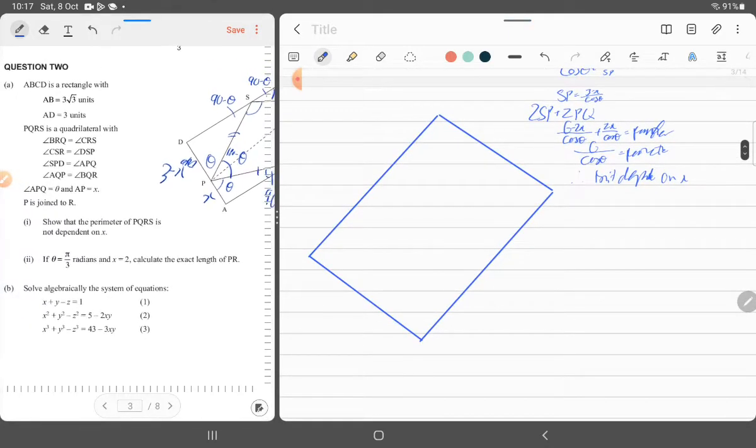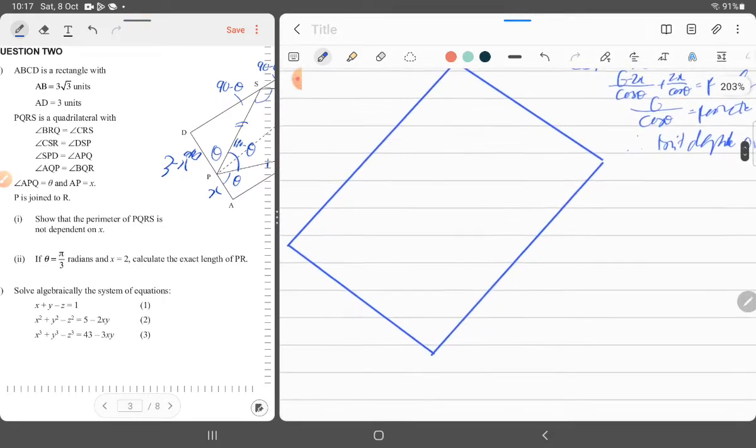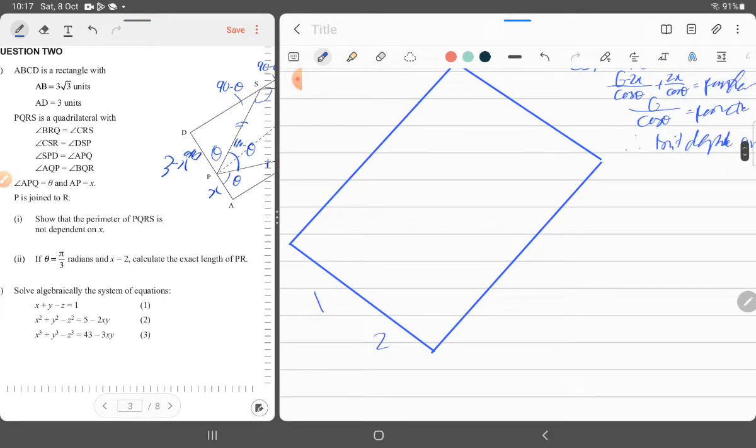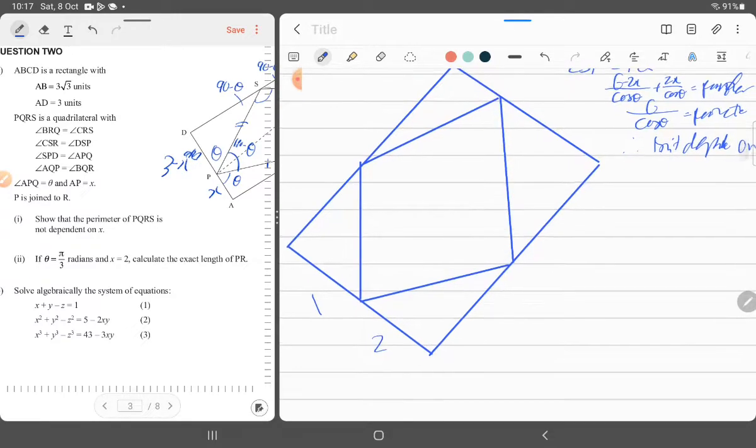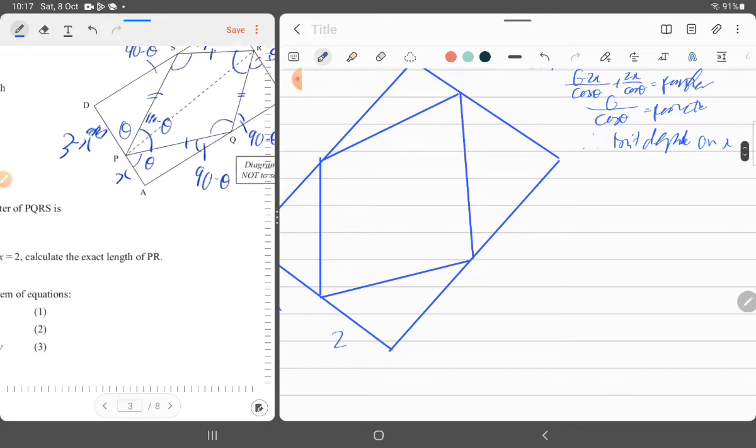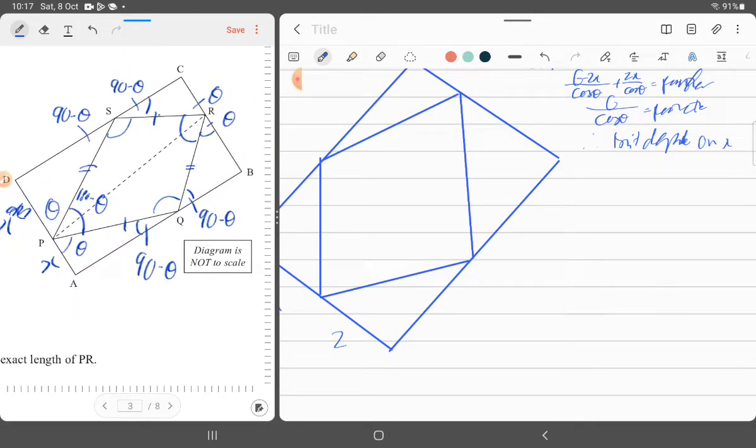So here, this will be 2, 1, then P A theta, cosine theta.